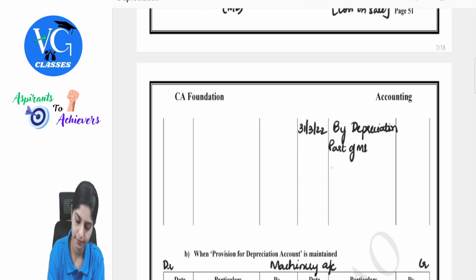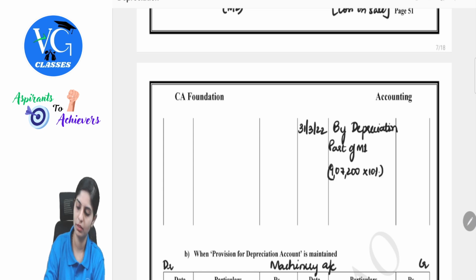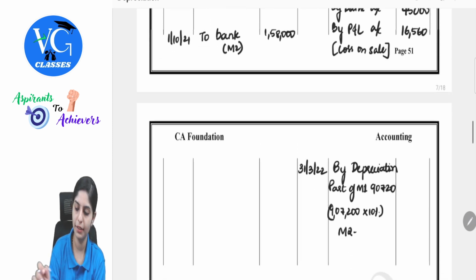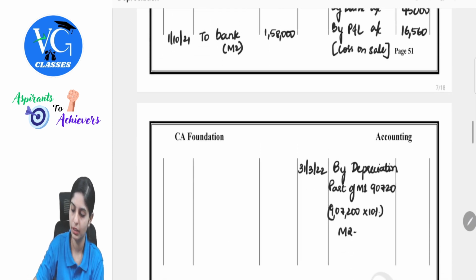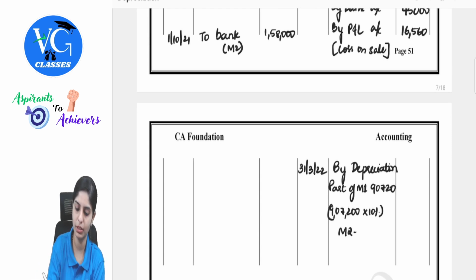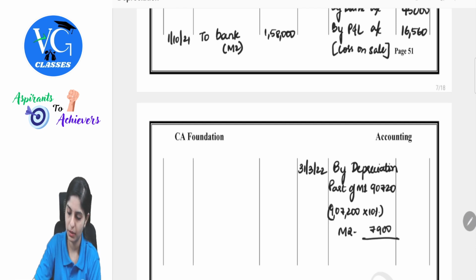On this, 10%. So this will be 90,720. M2 1,58,000 into 10% into 6 divided by 12. So that is 7,900 plus 90,720.